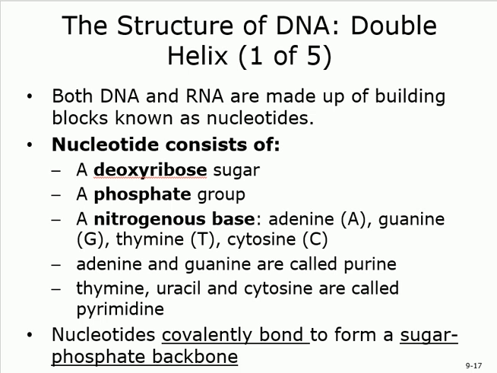What's a nucleotide? It depends. Let me say this. Where did you get the name from? DNA. Deoxy. R is ribose. It's a sugar, 5-carbon sugar. DNA, deoxyribonucleic acid. This is what DNA means.